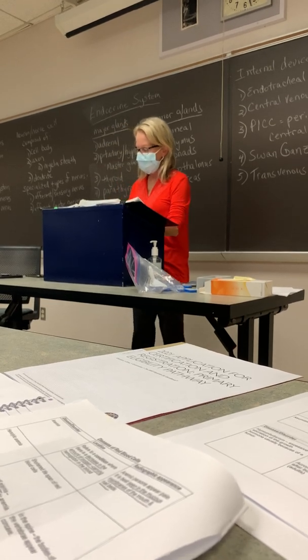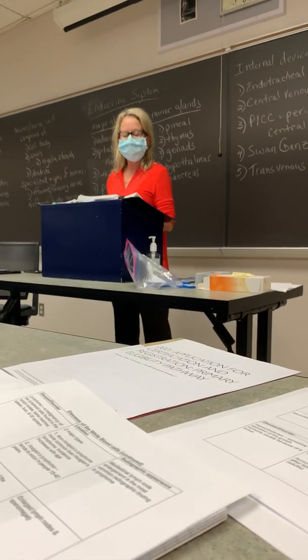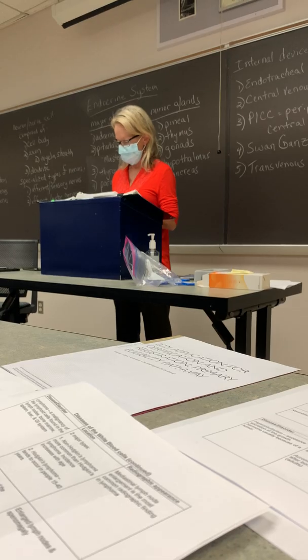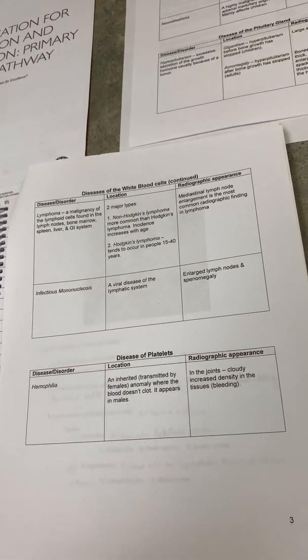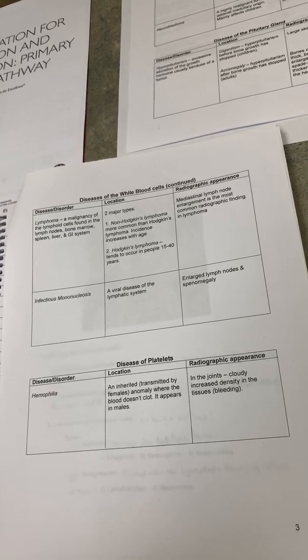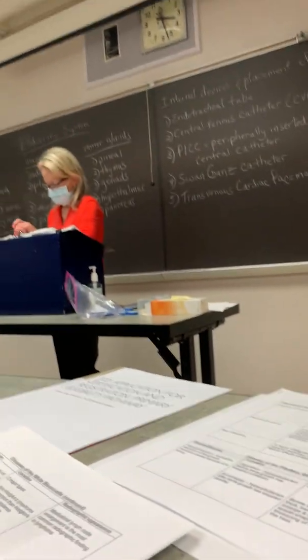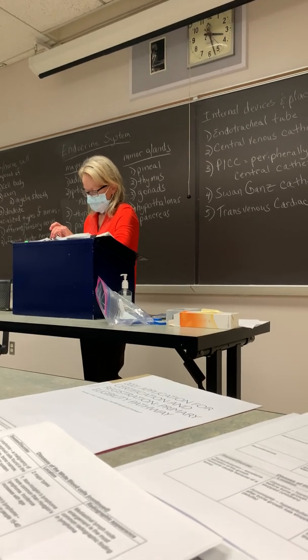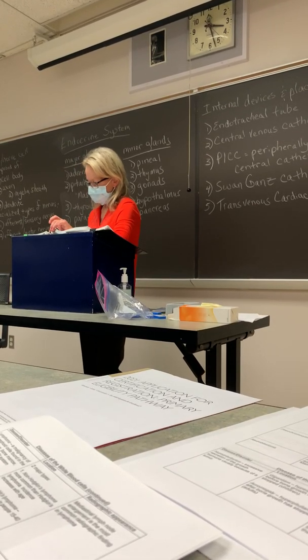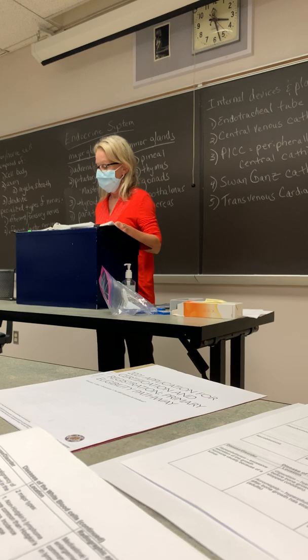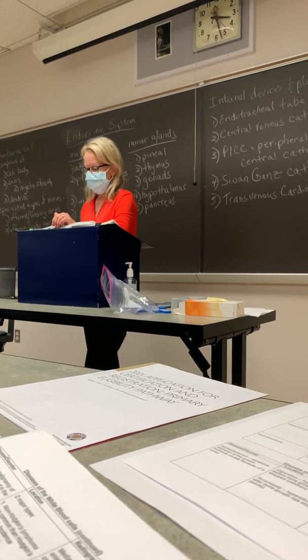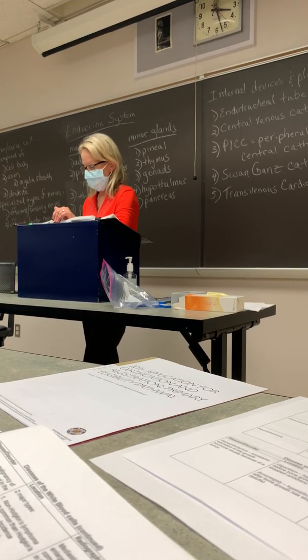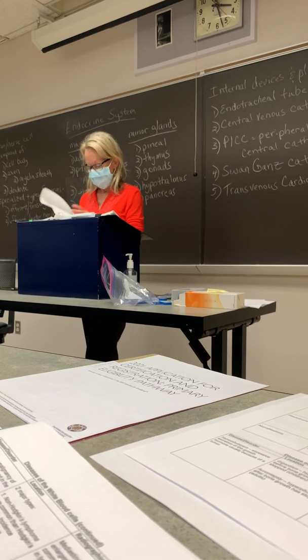Okay, next one is lymphoma. Lymphoma is a malignancy of the lymph cells. It's divided into two major types, which you're going to have to name. Number one is non-Hodgkin's, and the other one is Hodgkin's lymphoma. That's all you need to know.